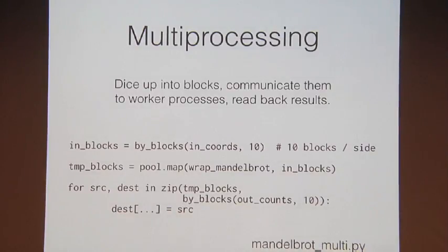Then we took this multiprocessing approach. We're just going to dice it up into blocks, then launch 4 workers and have them work on blocks. So 10 blocks on the side of the array, so 100 total blocks. That's plenty of small jobs to hand off, but not so many that overhead should be a problem. If we chopped it up too finely, then scheduling becomes an issue: we'd have thousands of jobs to run and a lot of switching costs.